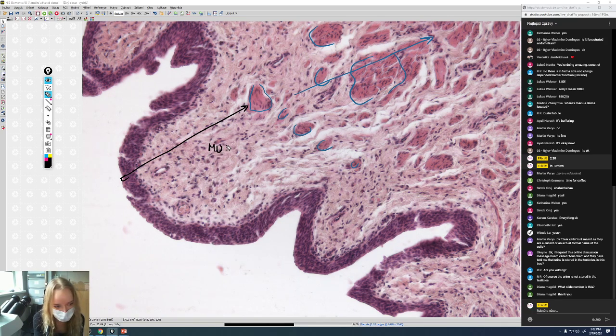Mucosa consists of epithelium on its surface. So epithelium here, and you already know this epithelium is transitional epithelium, or urothelium.